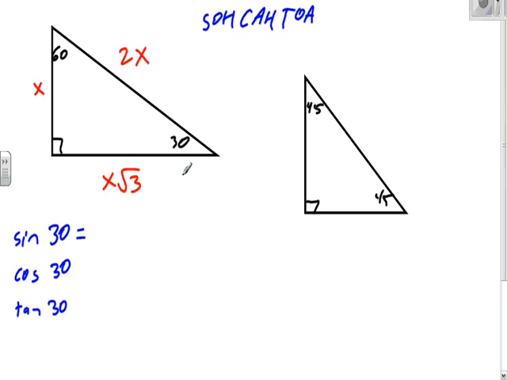If we're using the 30-degree angle, this is opposite, and then the long leg would be adjacent. Sine is opposite over hypotenuse, so it would be x over 2x, which is 1/2. The x's would cancel out.